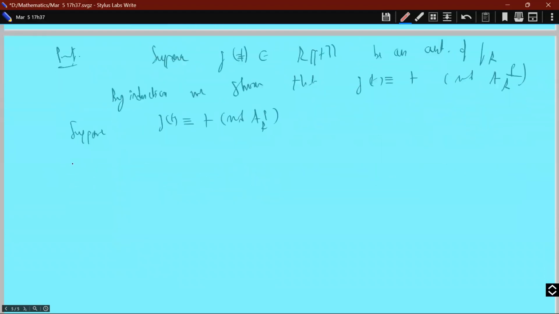Okay. Then suppose Z is the algebra that classifies automorphisms of a power. Right. So like we have two automorphisms, right?